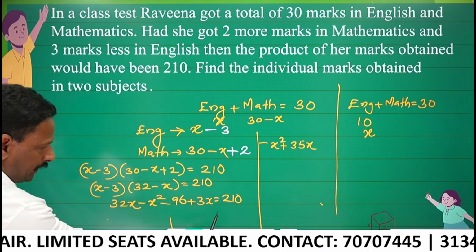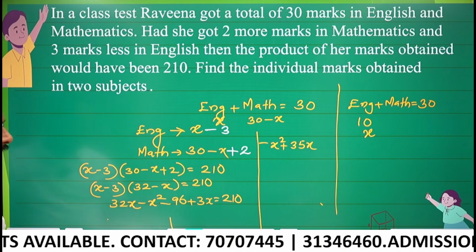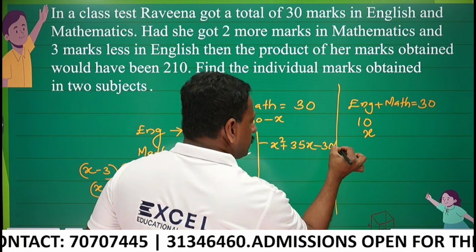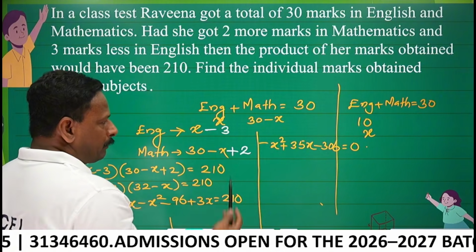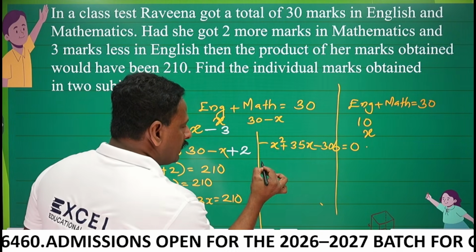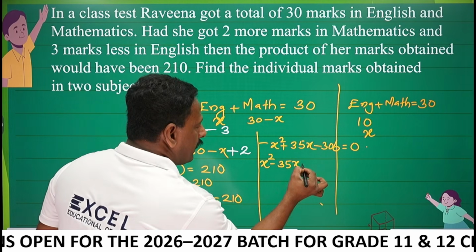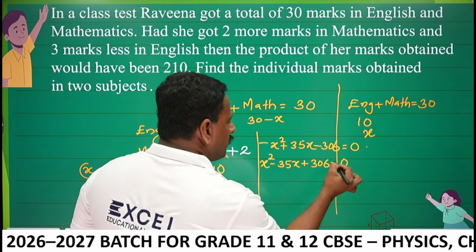This 210, if you transpose it, will become negative 210, which will give you negative 306 equal to 0. So in order to make the first term positive, we'll multiply throughout by negative, so that what you get is x square minus 35x plus 306 equal to 0.